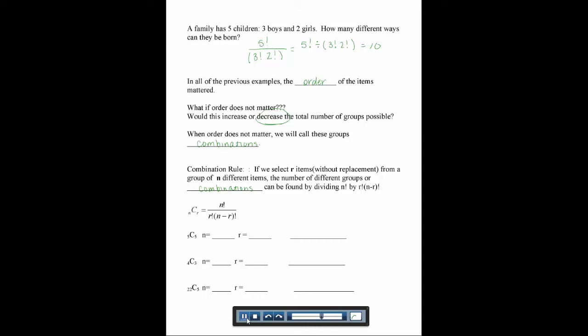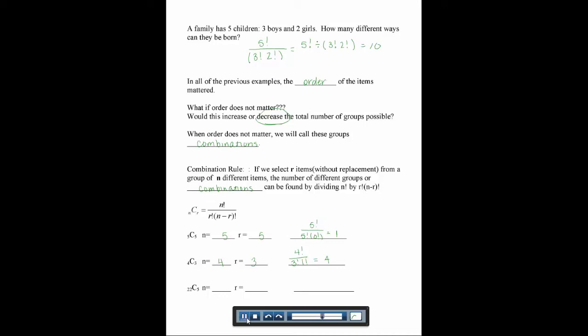So if we have 5C5, our n is 5 and our r is 5. So we're taking 5 factorial over 5 factorial, 0 factorial, and this just gives us 1. If we have 4C3, so our n is 4 and our r is 3, we have 4 factorial over 3 factorial, 1 factorial, and this is just going to give us 4.